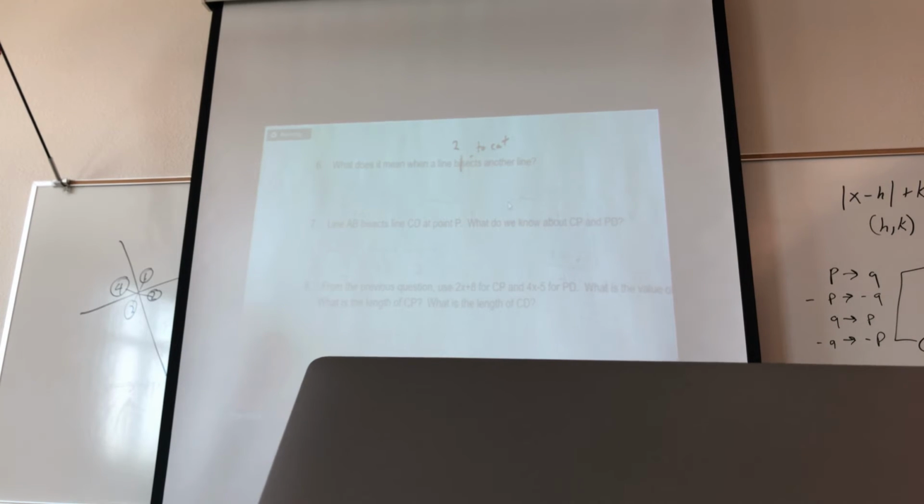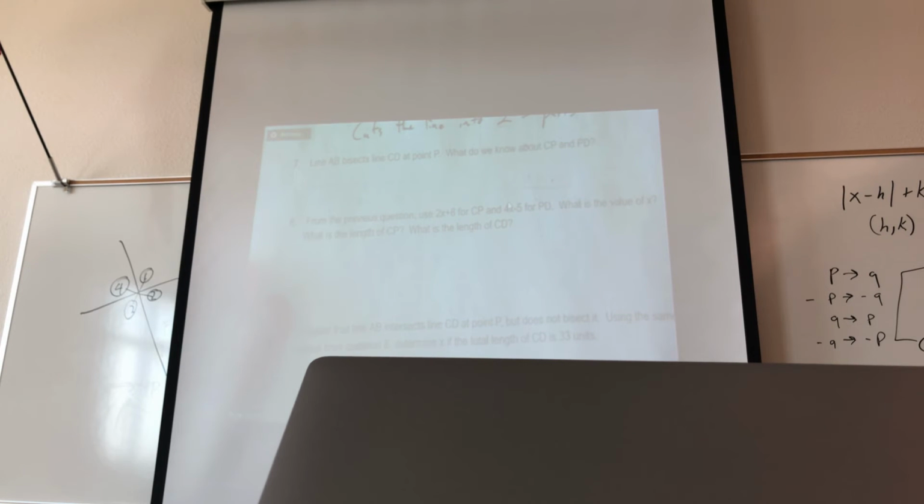That's always fun. But bi pretty obviously means two. Bicycle, you know, 2 wheels. So this means it cuts the line into 2 equal parts. Anytime we bisect a line, it cuts it into 2 equal parts.